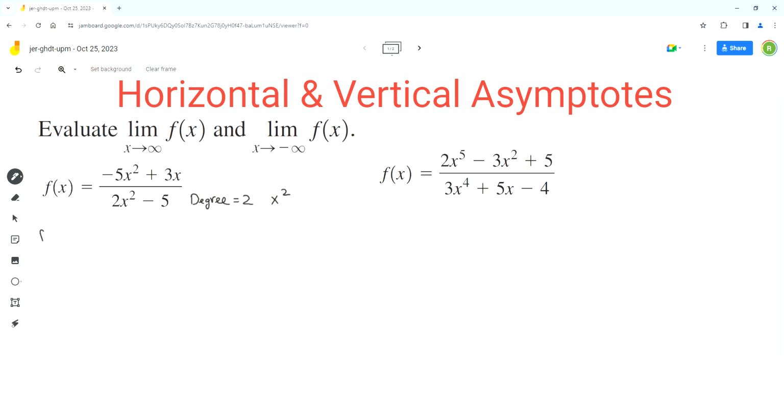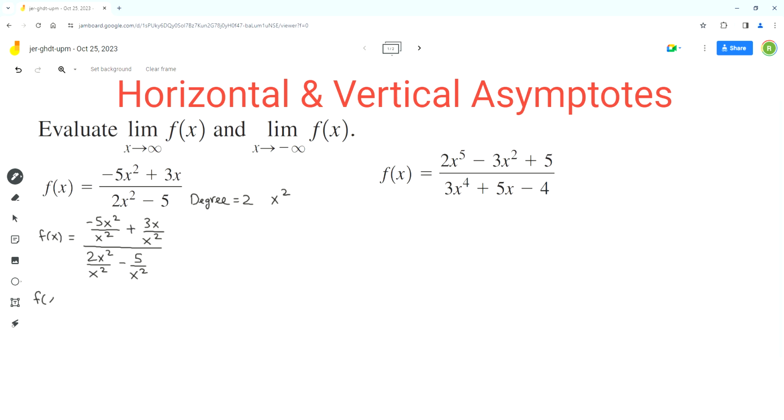So we get f(x) equals negative 5x squared over x squared, plus 3x over x squared, over 2x squared over x squared, minus 5 over x squared. Now we can simplify these fractions.